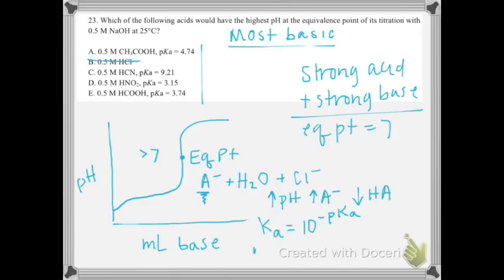So that tells me that the weaker acid, which would have a smaller Ka, will have a higher pKa.